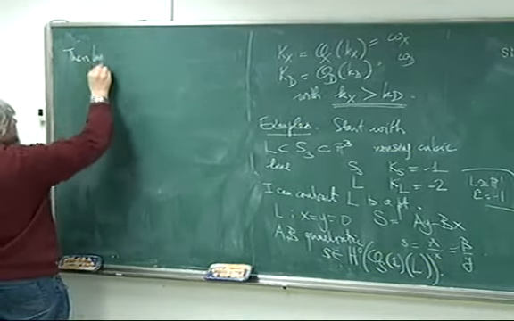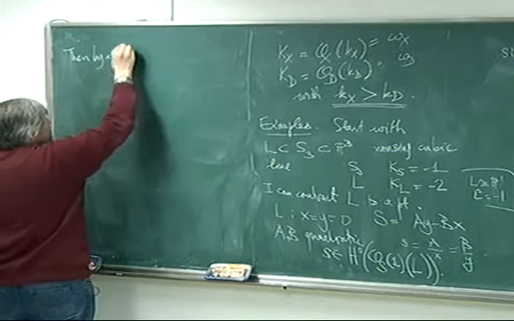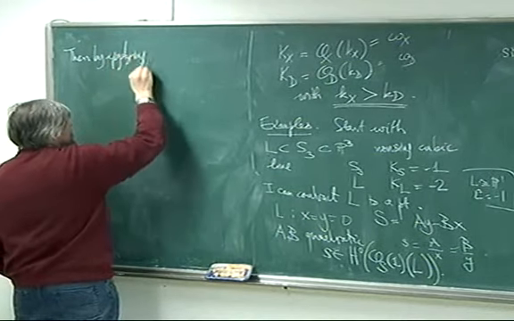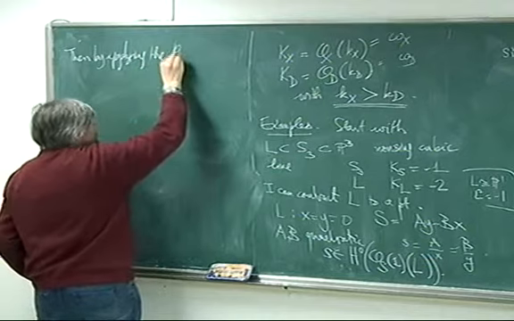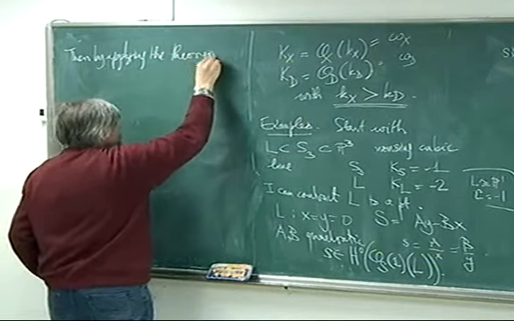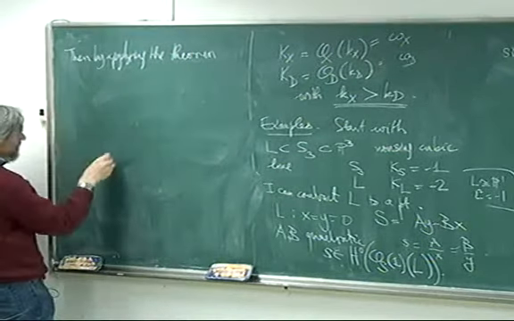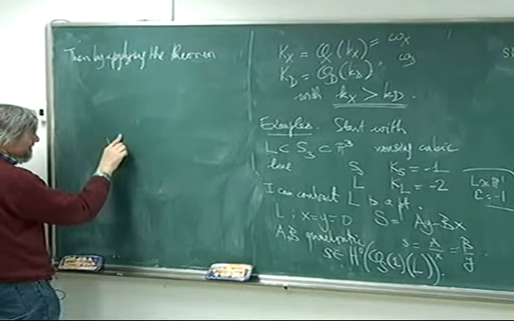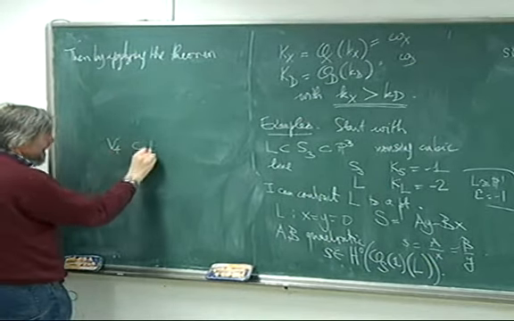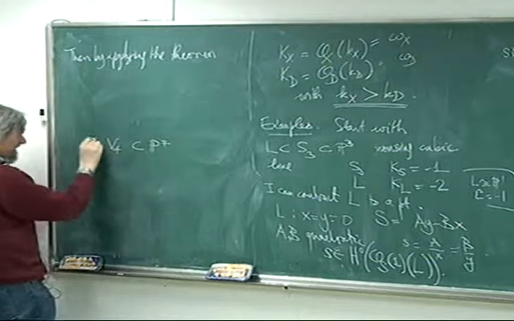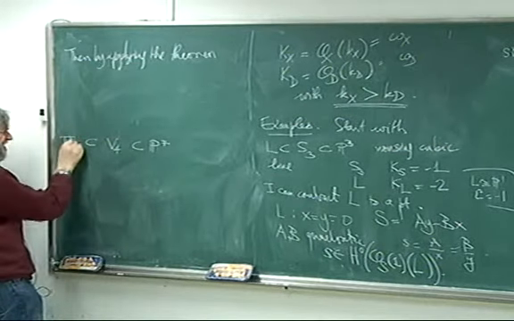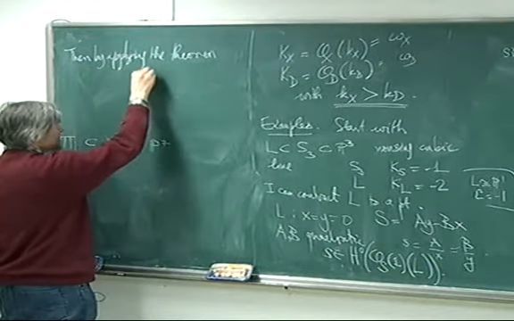by applying the theorem, here I've got V4 in P7, and it contains these pi i's, and I can take this up into P11.